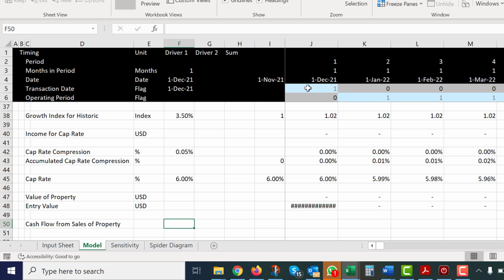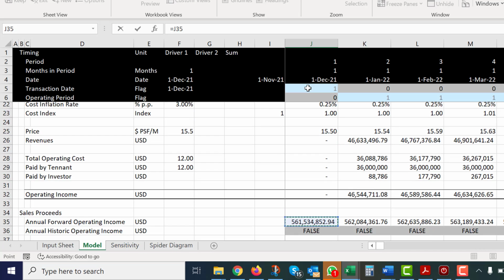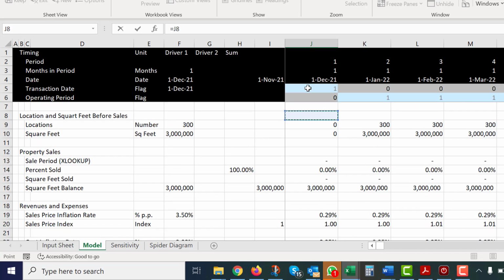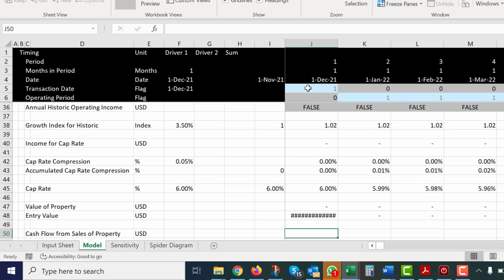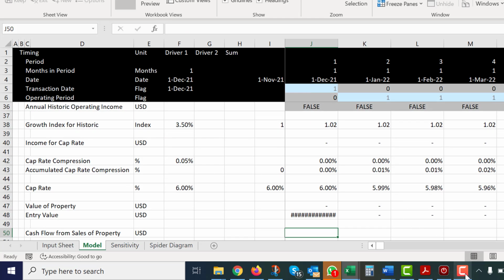Let's put this in USD. And let's take our flag. Finally, we have, or no, we don't have a flag. We have the square feet that we sell. Just a minute, I'm going to pause for a minute again.